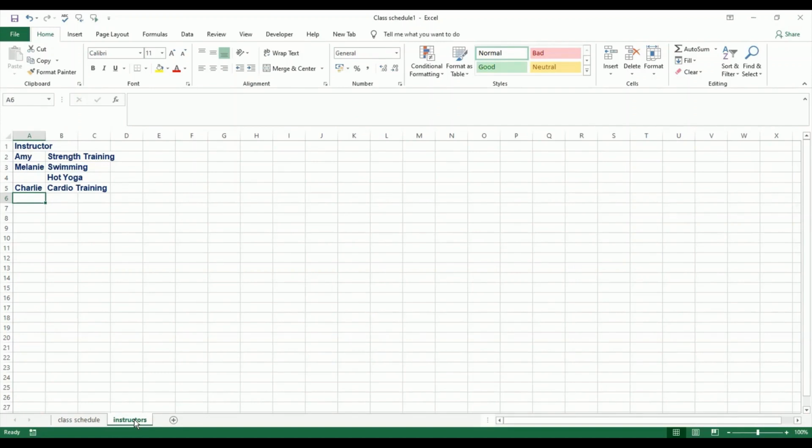A cell name helps us understand that every cell has been given an individual identity, and based on that identity, I should be able to locate what is there in that cell. All right.